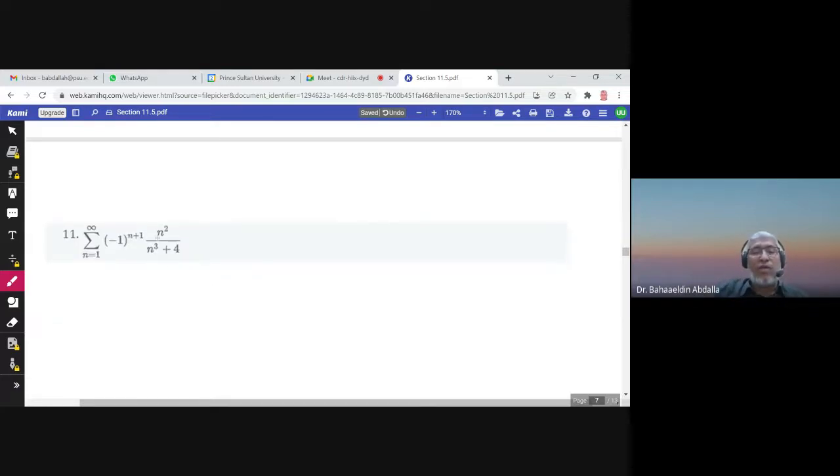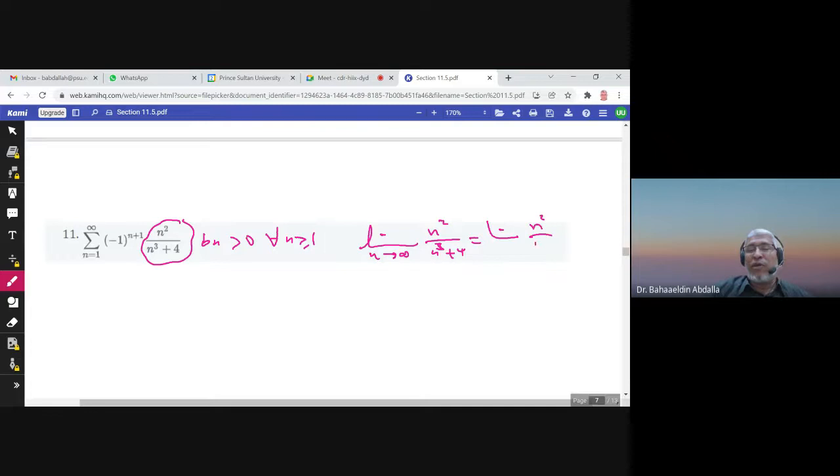Also here, if you take this Bn, it is easy to prove that, well, the decreasing here needs the derivative. So let us find it. So this is Bn and it's greater than 0 for all n greater than 1, and the limit of n squared over n cubed plus 4 when n approaches infinity is the limit of n squared over n cubed, which is 1 over n, so it is 0.